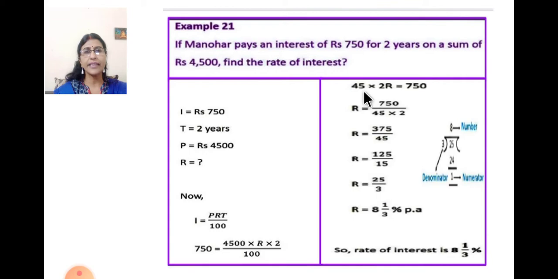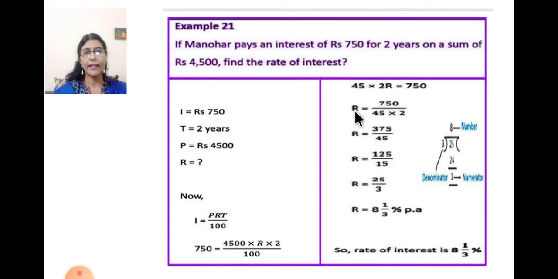In the next step, 45 into 2 into R is 2R and is equal to 750. You can bring this here, 750 you can write, because we have to find out the value of R. So R is taken on left side. So 45 into 2R is equal to 750.